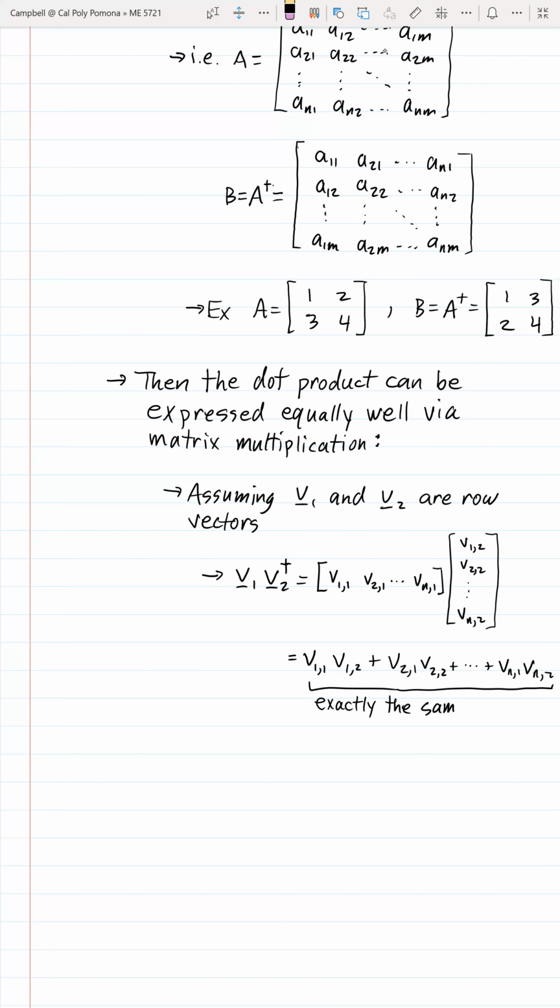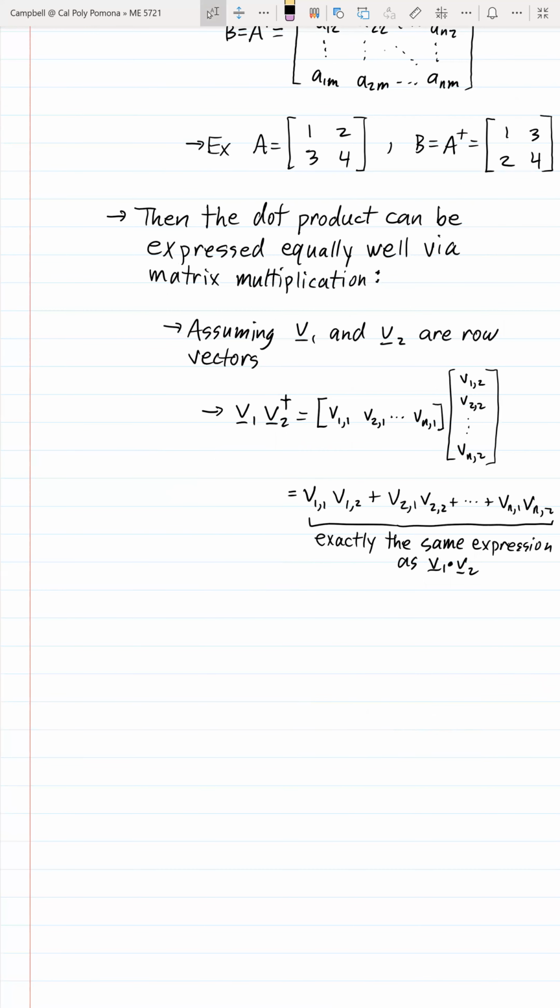So this is exactly the same expression as V1 dotted into V2. So we've now tied this idea of the dot product being the same as a specific type of matrix multiplication.